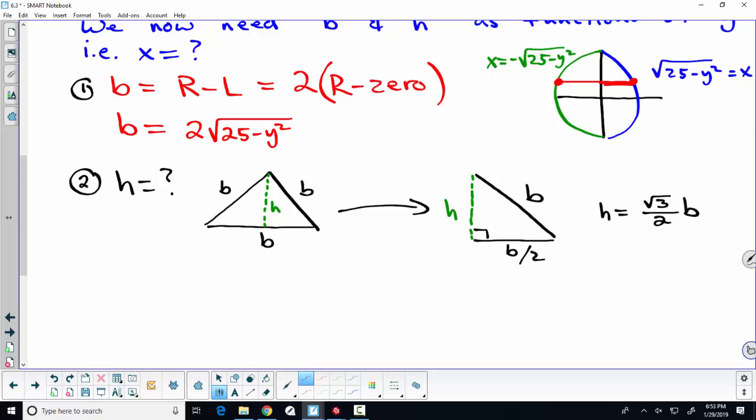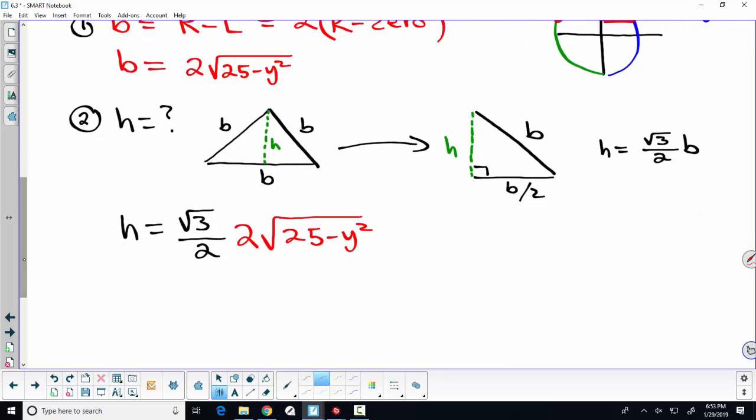Luckily for us, we already have the base in terms of y. So there's our... Do what? Square root of 3. Where did that come from?